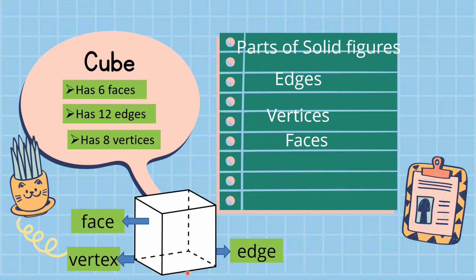For the 12 edges, these are 1, 2, 3, 4, those are straight lines, 5, 6, 7, 8, 9, 10, 11, 12. And the vertices, the corners: 1, 2, 3, 4, 5, 6, 7, 8. So 8 vertices.